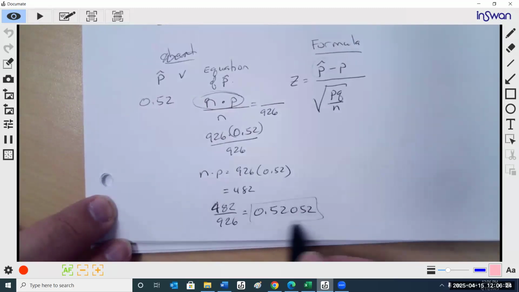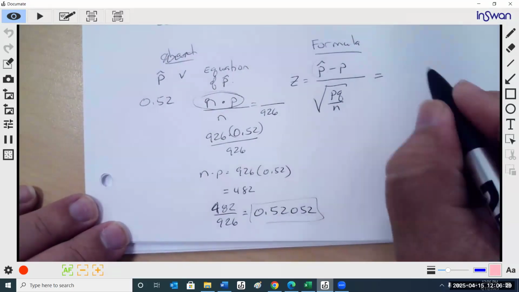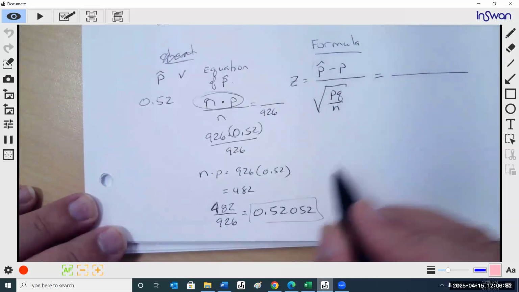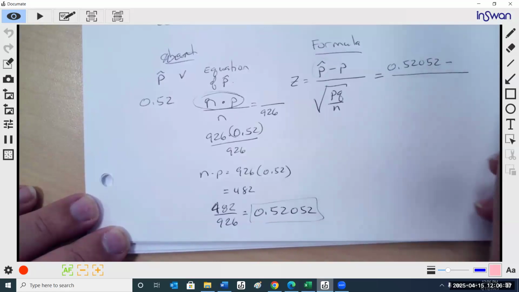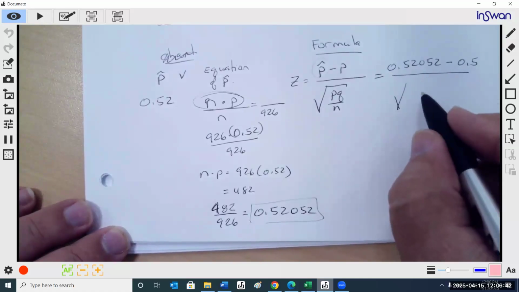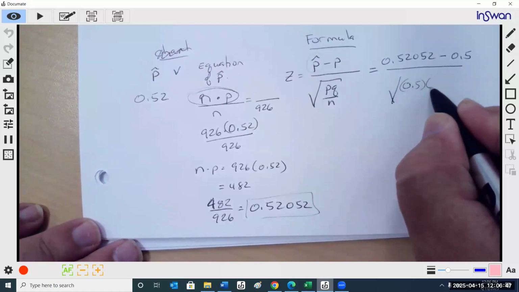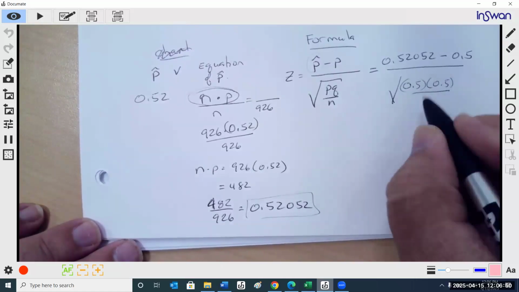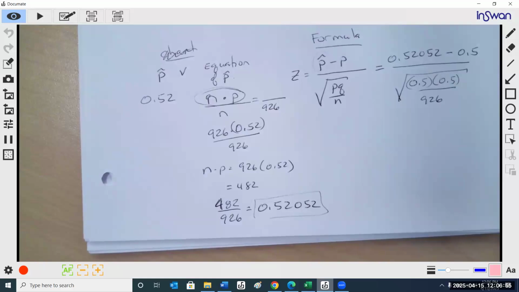Notice, if we use this in place of that, let's calculate the z-score. So we put 0.52052 minus P, which is 0.5, divided by the square root of 0.5 times 0.5 over 926. What's that going to equal?